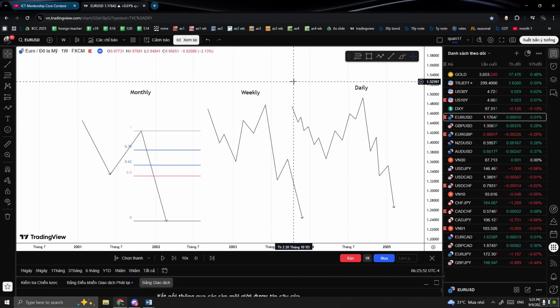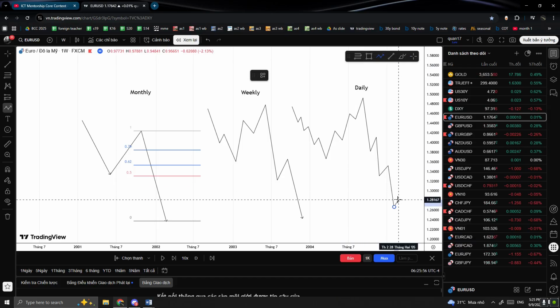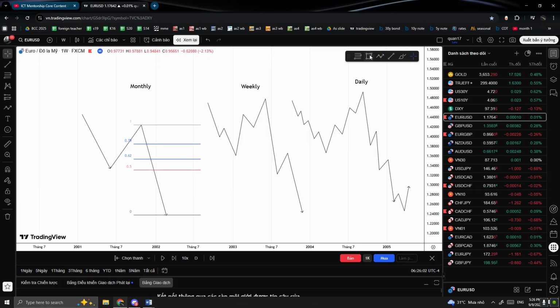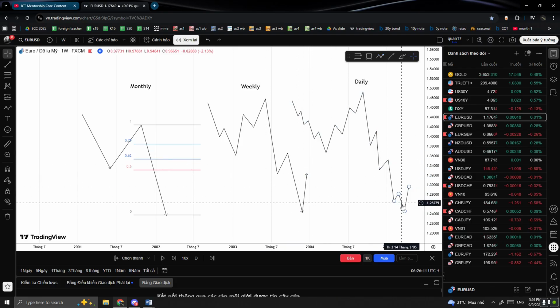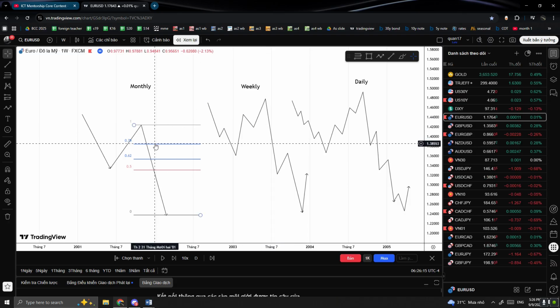Okay, so for example, if the daily shifts, as we considered many times, the quarterly shift, the daily is going to market structure shift here. So when the daily shifts there, we can frame from discount to premium of the weekly, right? But it doesn't mean that when the daily shifts here, it's bullish for the weekly and the monthly.